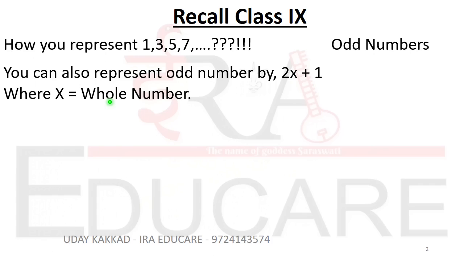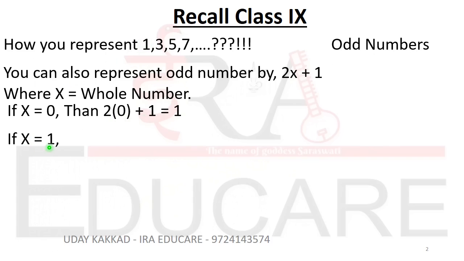So if you put x equal to 0, you get 2 times 0 plus 1. 2 zeros are 0, plus 1 gives you 1. So this is the first member of your series. Next, if x is equal to 1, then 2 ones are 2, plus 1 is equal to 3, the second member of your series.